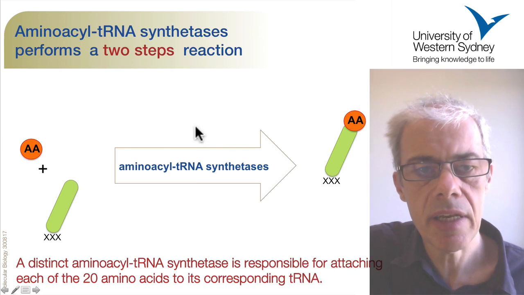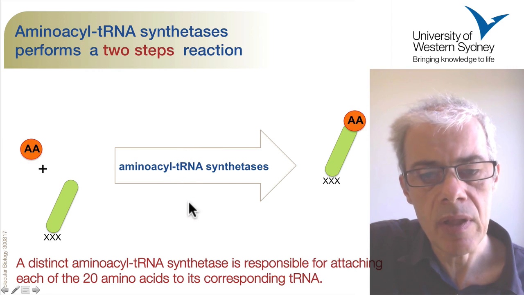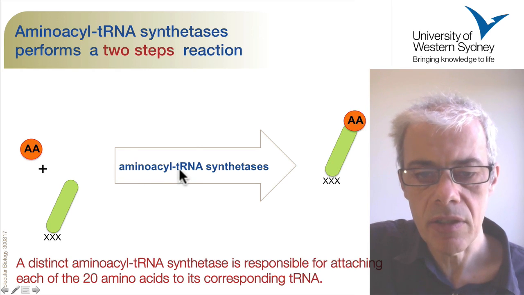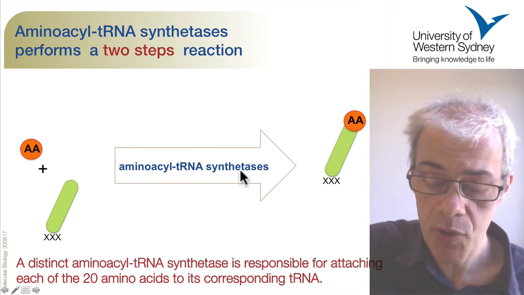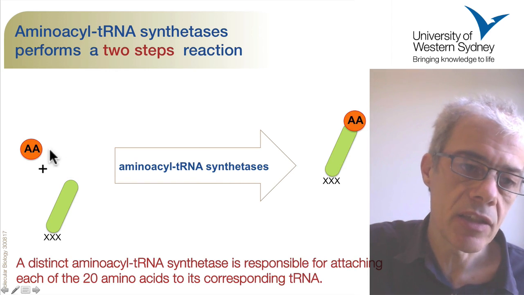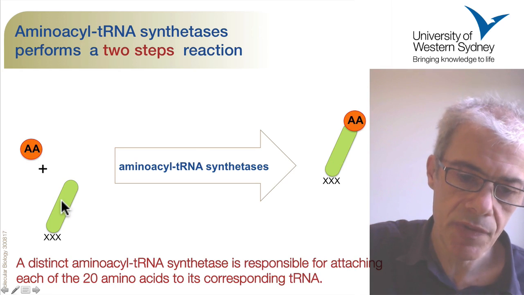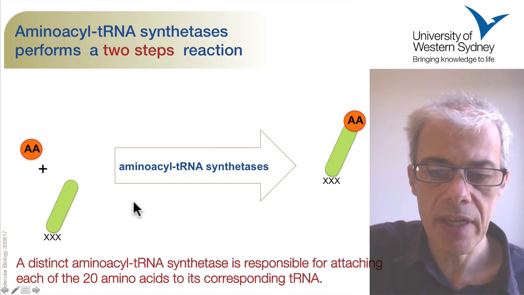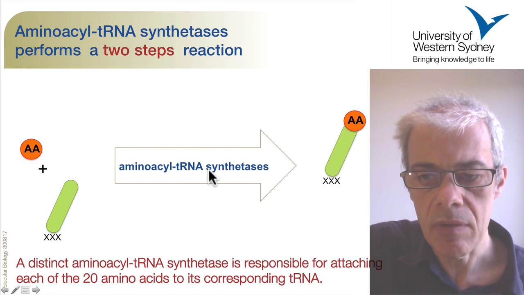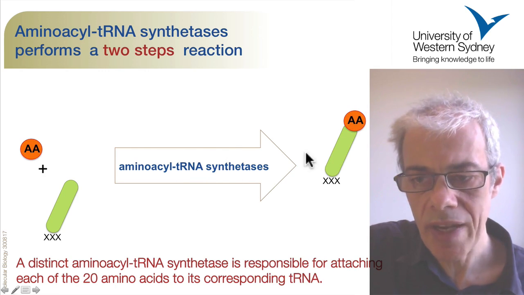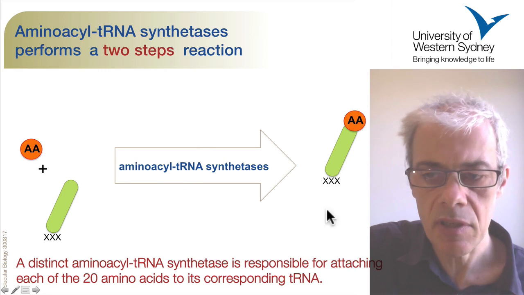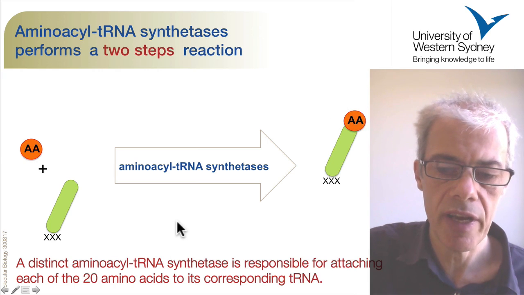So I showed you earlier a slide like this indicating that an aminoacyl tRNA synthetase protein was responsible for the linkage from an amino acid to a transfer RNA. And I also pointed out that there are 20 of these enzymes because there are 20 different amino acids. So there were at least 20 of these enzymes to make these transfer RNAs.